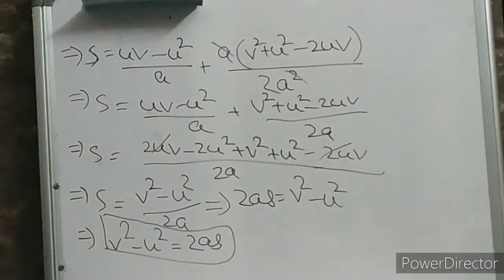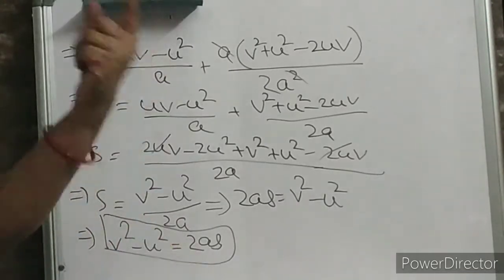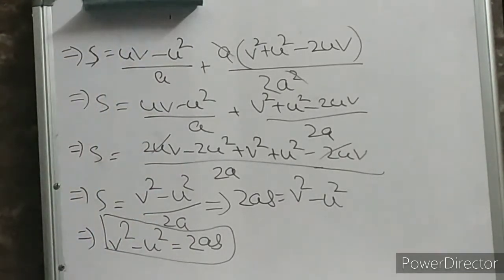Hope you have understood, because it is very easy. So this equation gives the velocity acquired by the body after traveling the distance S. Now we can solve all the numericals applying all these three equations.